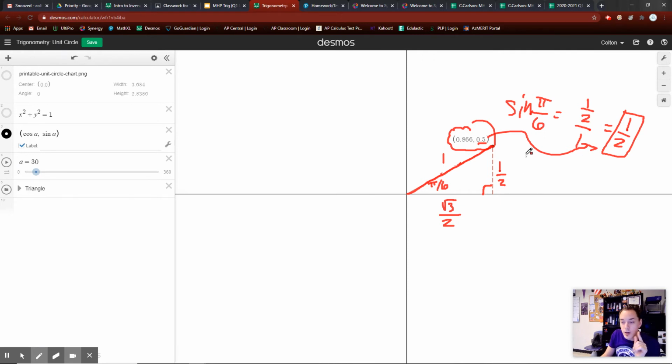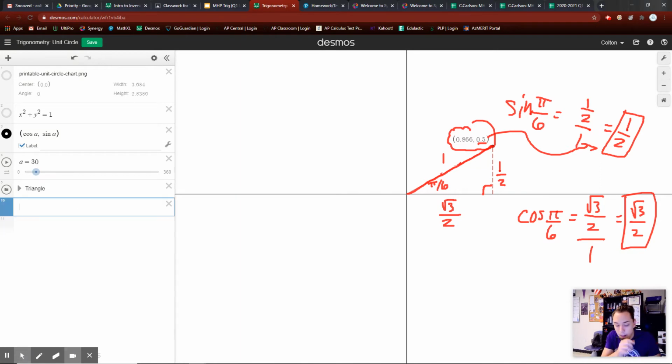Now watch. What is cosine of pi over 6? Cosine of pi over 6 is adjacent over hypotenuse. So radical 3 over 2, all over 1, because that's the hypotenuse. But this reduces down to radical 3 over 2. Well, what's radical 3 over 2? Let's do square root of 3 divided by 2.